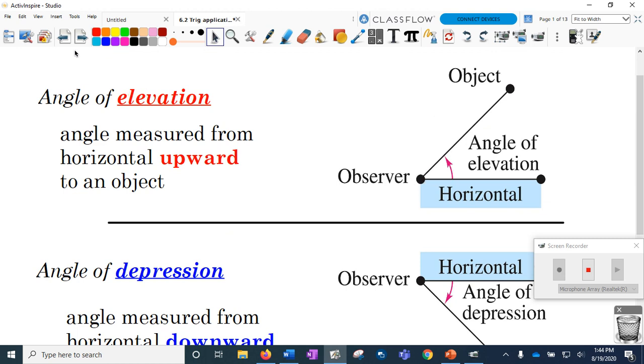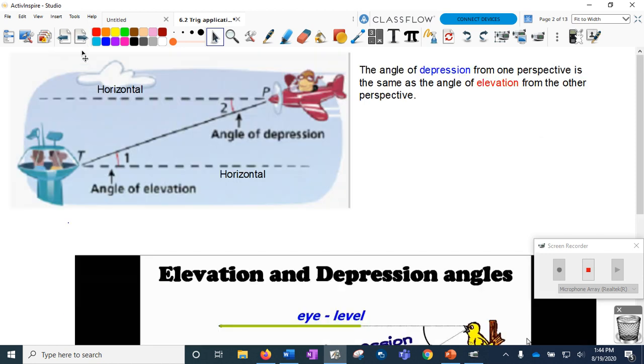All right? Now, great little thing that we're going to use quite frequently on this is if we're getting angle of elevation and angle of depression confused, we're going to use the idea that the angle of depression from one perspective is the same as the angle of elevation from the other perspective. So here we have a control tower.